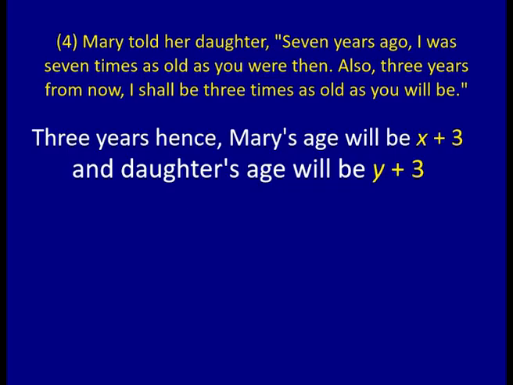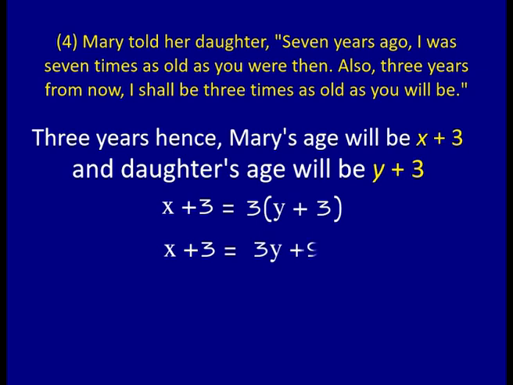And from the given second condition, Mary's age is equal to 3 times her daughter's age. Therefore, x plus 3 is equal to 3 into y plus 3. By simplifying this, x plus 3 is equal to 3y plus 9. If you transpose 3y plus 9 to LHS, it becomes x plus 3 minus 3y minus 9 is equal to 0.